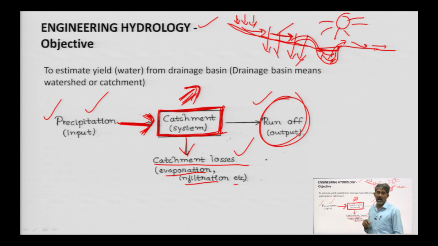That is the objective. Suppose within this catchment area there is agricultural land, then the water required for agriculture must be available throughout the crop period.